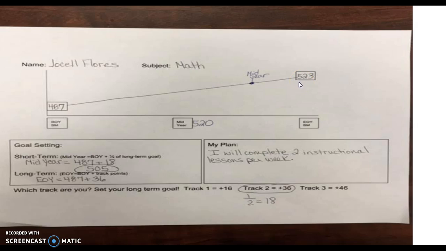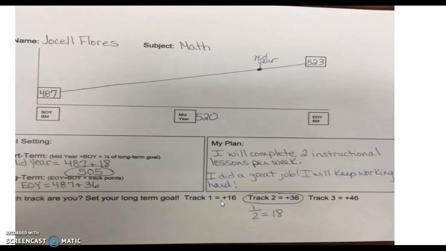Because if I'm looking at a line between 487 and 523, 520 isn't going to come right here in the middle. It's going to be closer to 523. So the last thing that Josel did was she just reflected on that and she added in, I did a great job. I'll keep working hard, because she's really doing what she needs to do at this point.